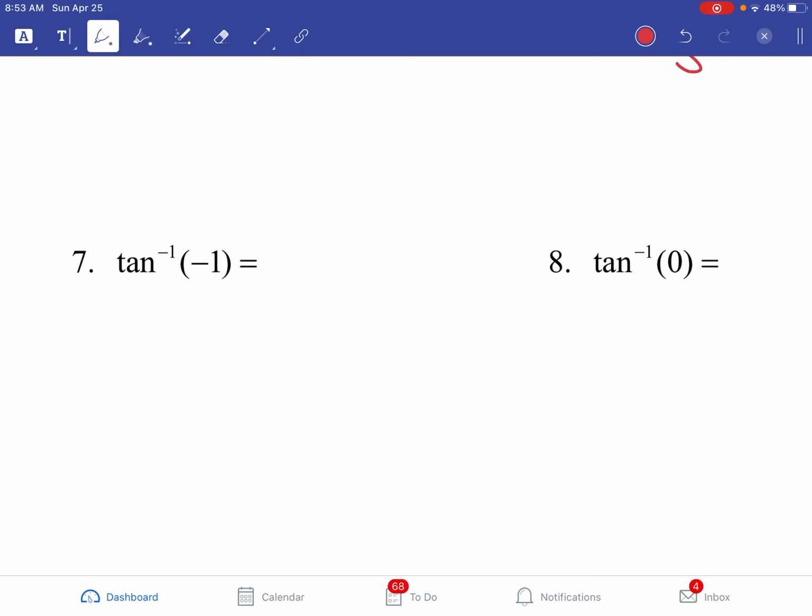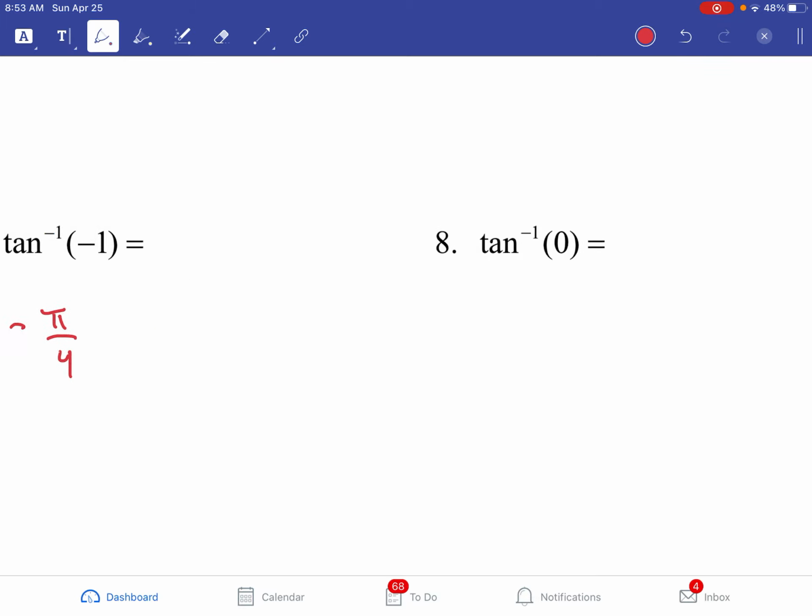Well, those points are at the pi over 4 values, either positive pi over 4 or negative pi over 4. We're going negative pi over 4 because negative 1 would be at 7 pi over 4, but again, we went backwards like we did with sine. Negative root 2 over 2 divided by positive root 2 over 2 gives you negative 1. So that value for the angle is negative pi over 4.